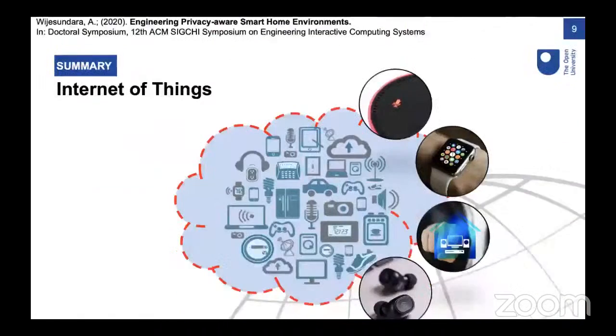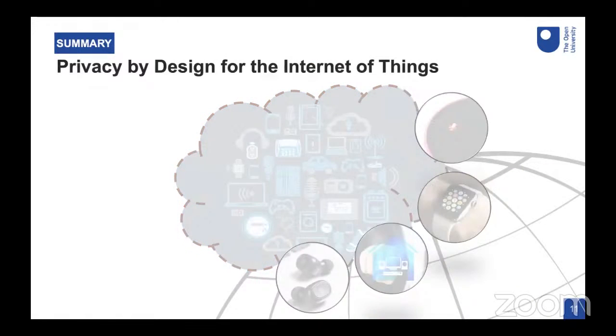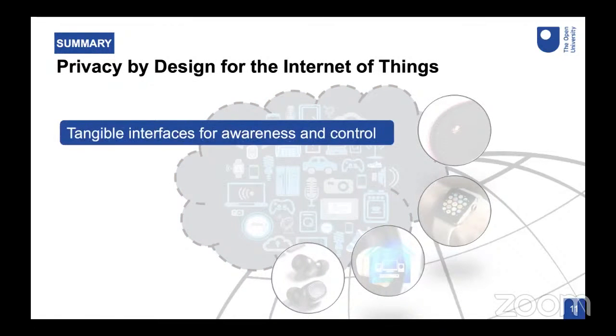So when we think about the Internet of Things, and we have a whole range of devices that are connected to each other, there's a number of different ways in which they can negatively affect our privacy. But by thinking systematically about how to engineer these and providing mechanisms like adaptive interfaces and so on, we can ensure that these Internet of Things devices are providing privacy by design.